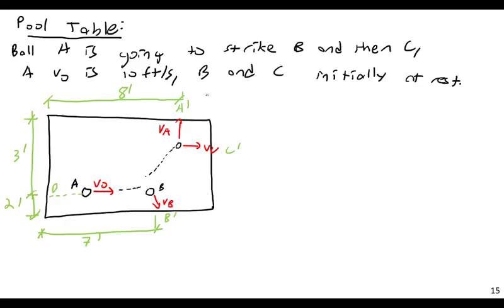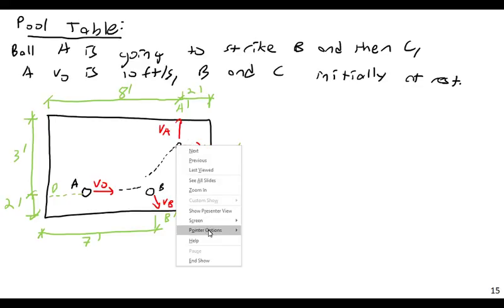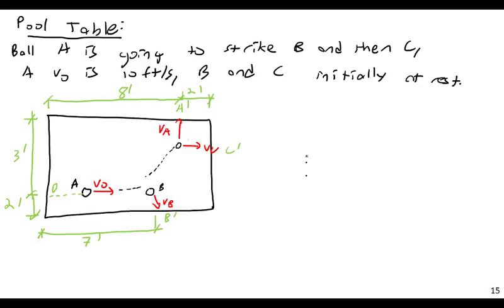And from here to here is 2 feet. All right. Now, again, the ball was here. They were both originally here. And then this one goes here, and this one goes up here. Also, collisions are perfectly elastic.